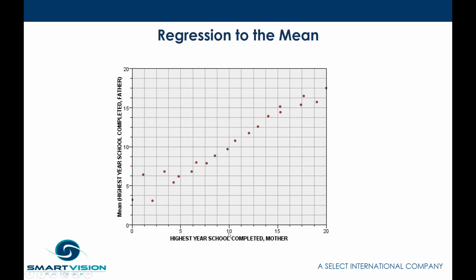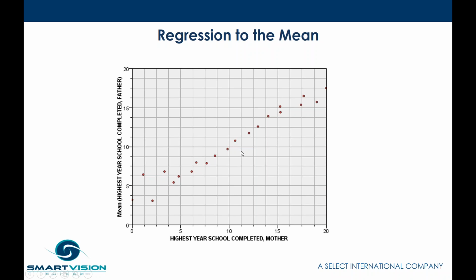So for respondents whose mothers have 10 years of education, on average, the fathers have just under 10 years. For 11 years, maybe it's a little bit higher. There's some exception to the rule, but you can see there's a sort of average relationship there.